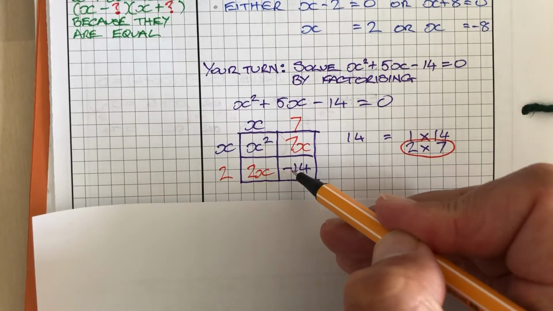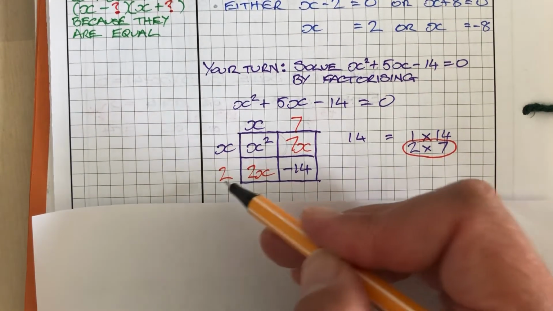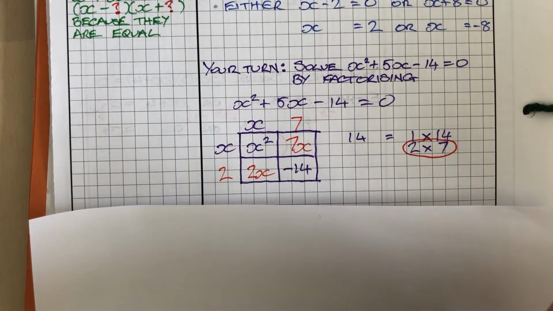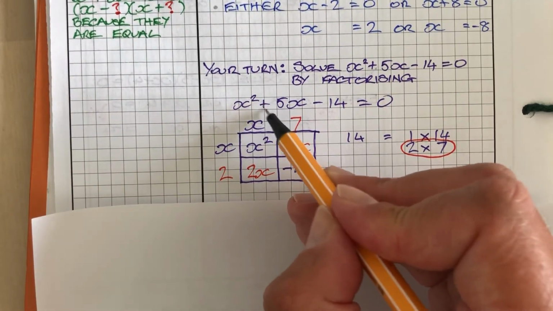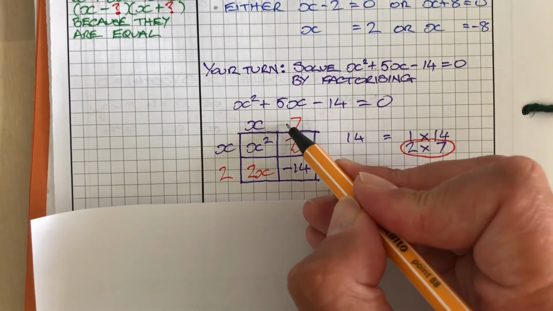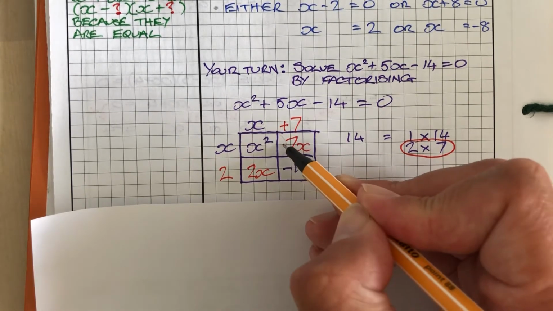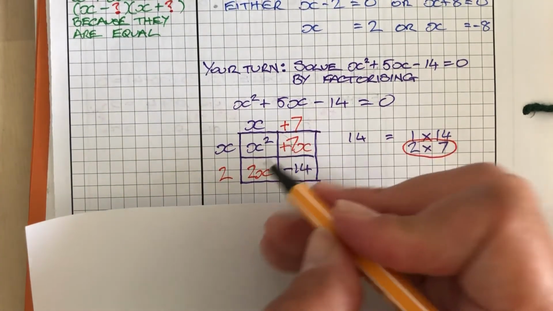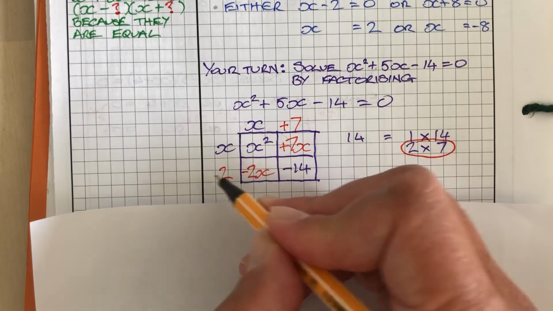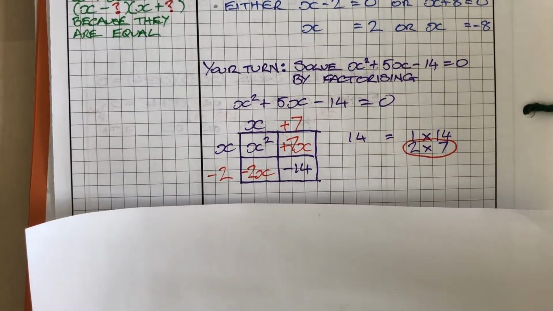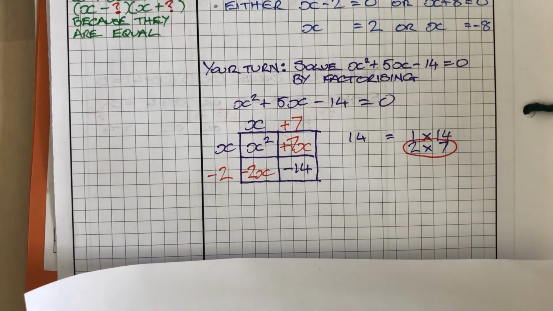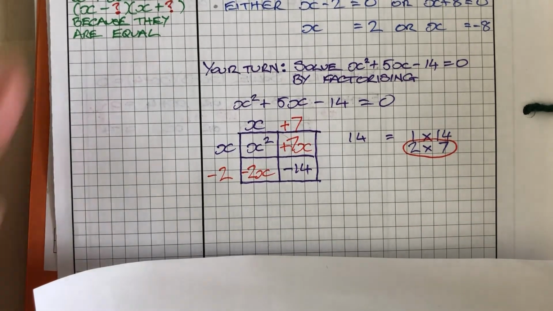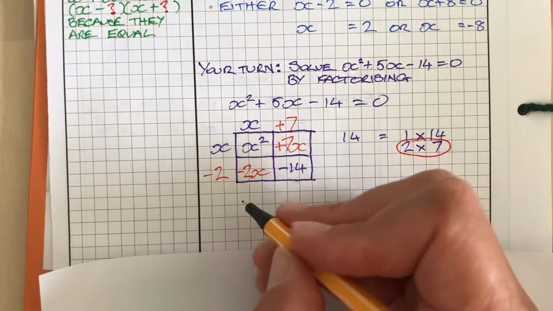They're multiplying together to make a negative number, so one of them is positive, one of them is negative. Which is it? Well, put the positive sign with the bigger number. So plus 7x, which means this must be a negative number. All right. So, what have we got?